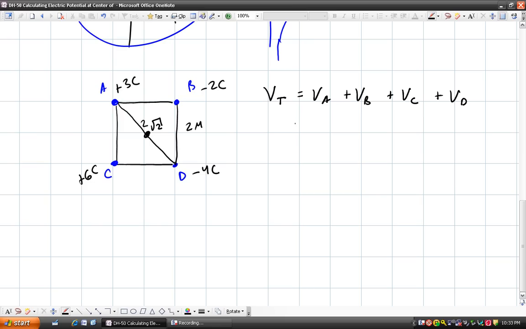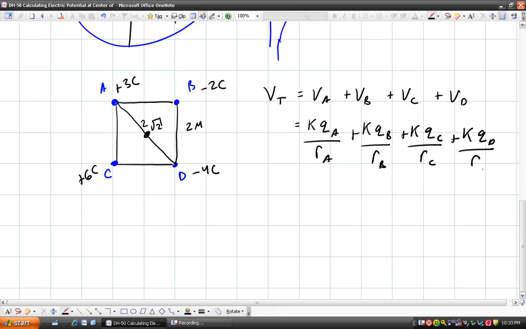So if we're going to do that, that's going to be K times charge A over the distance from A, plus K times charge B over the distance to B, plus K times charge C over the distance to C, plus K times charge D over the distance to D. Now, some of you may have noticed it's the center of a square.